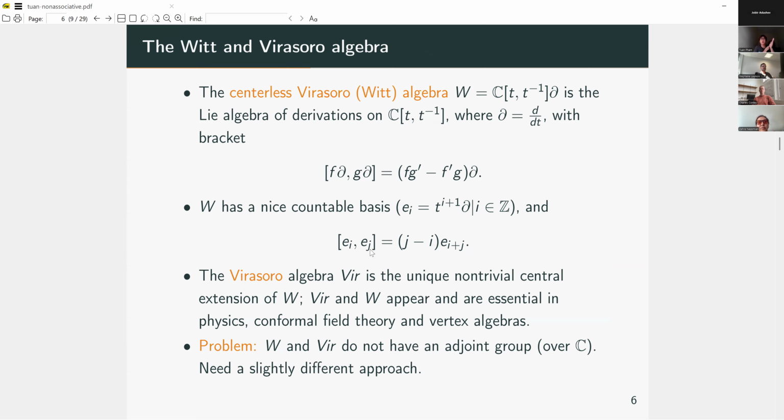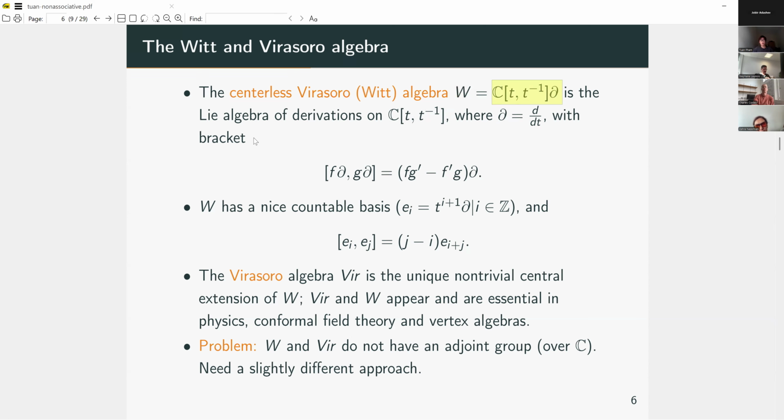First, I'm going to explain what is called the centerless Virasoro algebra, also known as the Witt algebra. It is the Lie algebra of derivations of Laurent polynomials. As a vector space, W is just Laurent polynomials times this element del, and del is the operator d over dt, taking the derivative with respect to t.